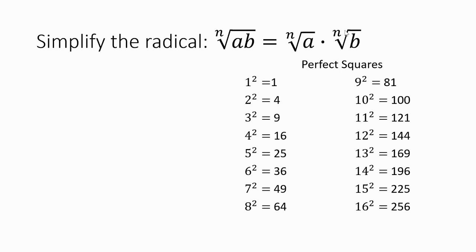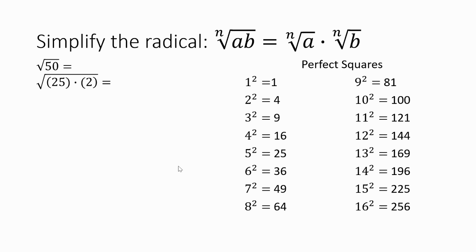If I did the square root of 50, this is not a perfect square. If I want to simplify it without using a decimal, I need to use this rule. I'm going to ask myself, can I break up 50 in terms of multiplication or factors that use perfect squares? 25 times 2 is 50.